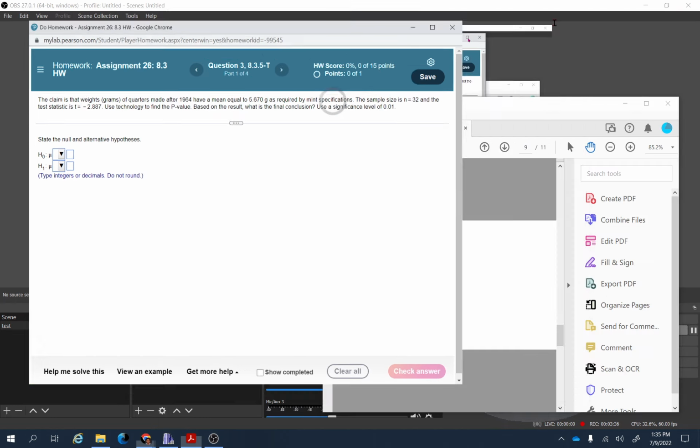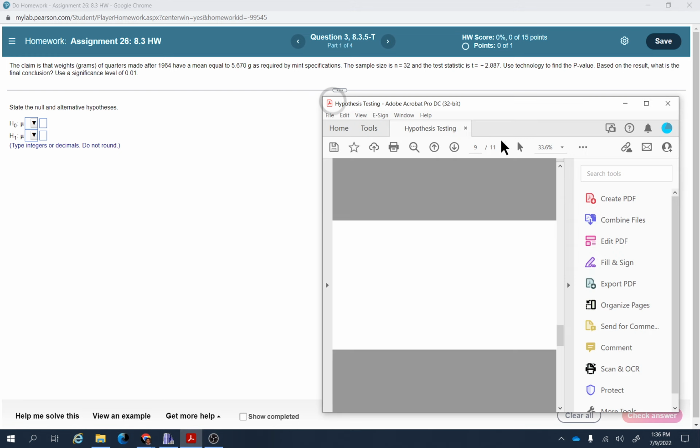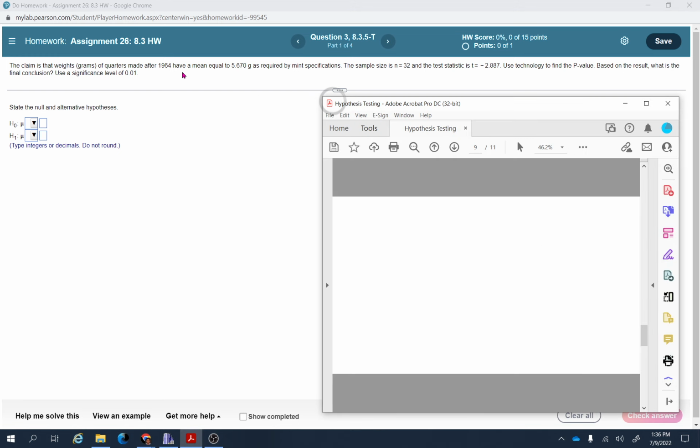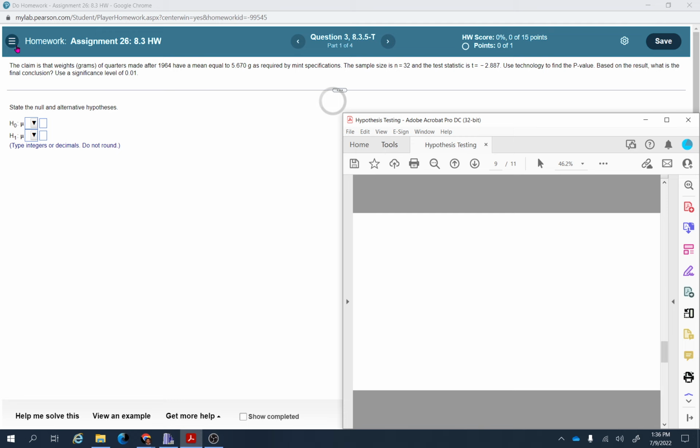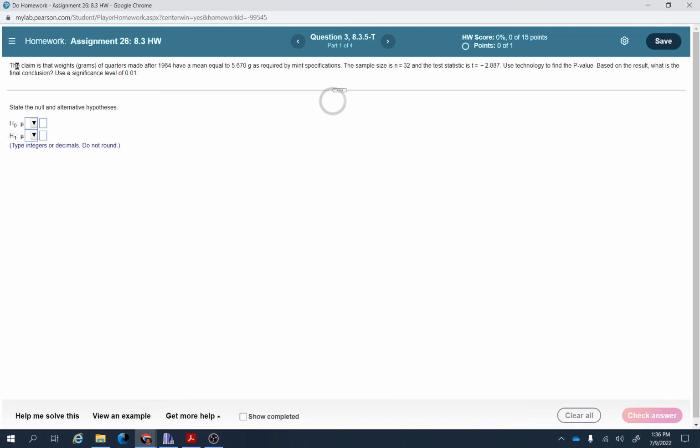So homework problem, this is question number 3 from section 8.3. The claim is that the weight of quarters made after 1964 has a mean equal to 5.67 grams as required by mint specification.